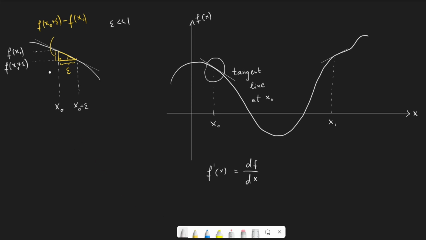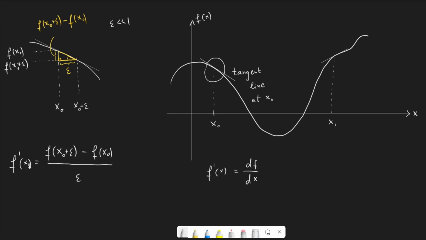So we will want to divide these expressions. So our f prime of x, our derivative function, can be written as f of x0 plus epsilon minus f of x0 over epsilon.